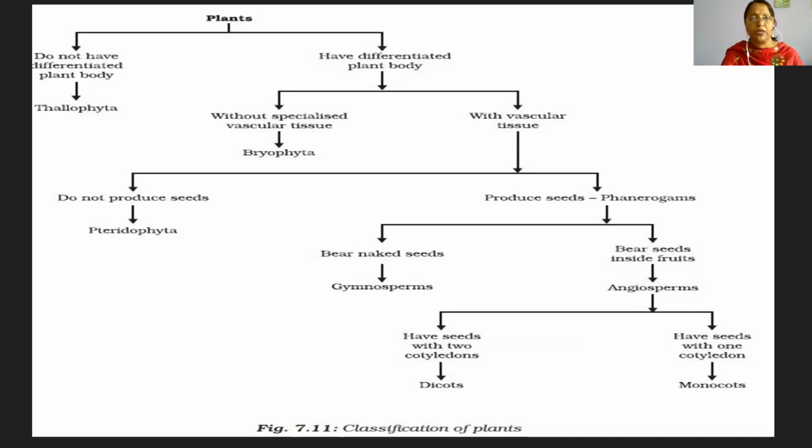Without vascular tissue, the Bryophyta comes, and with the vascular tissue, the Pteridophyta comes. That means they do not have seeds, but they have spores for reproduction. And those having seeds are known as phanerogams.